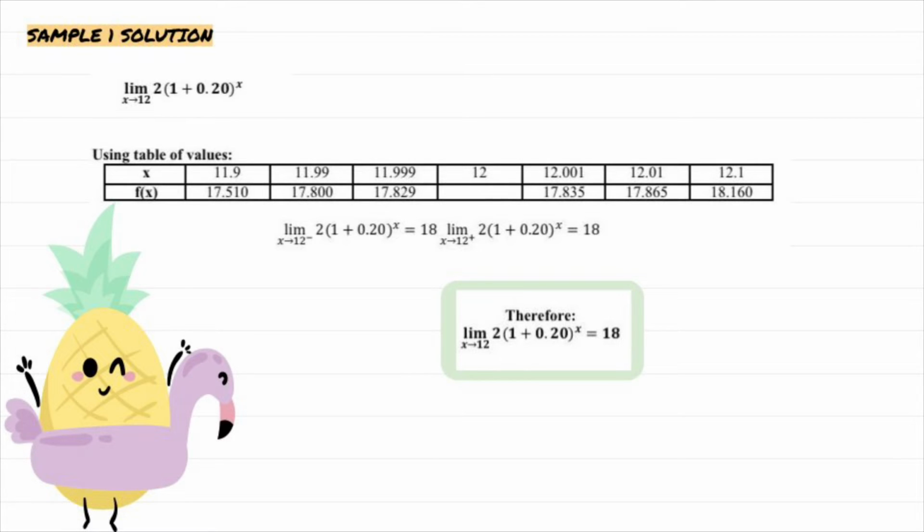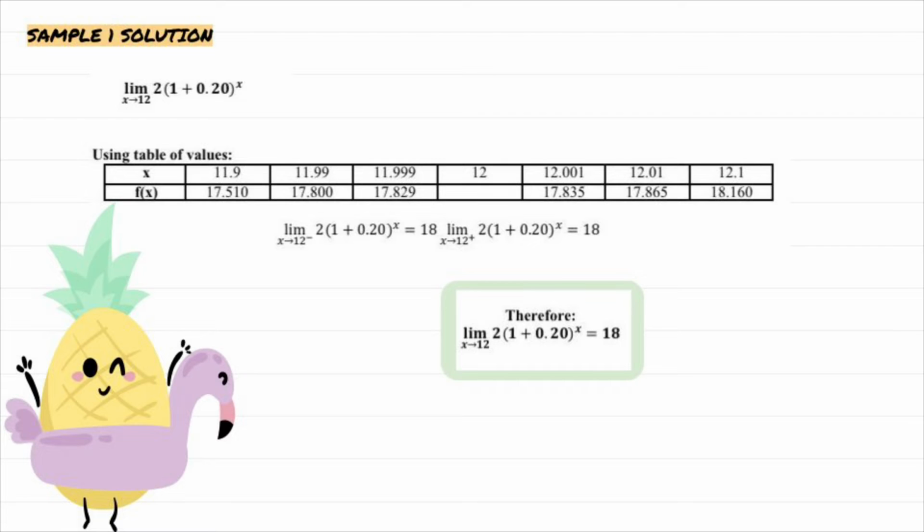So for example, 11.9 would result in a corresponding y value of 17.51002732. Rounded off to 3 decimal places would result in the answer shown on the screen, which is 17.510. We do the same thing for 11.99, giving us 17.800, and 11.999, giving us 17.829.